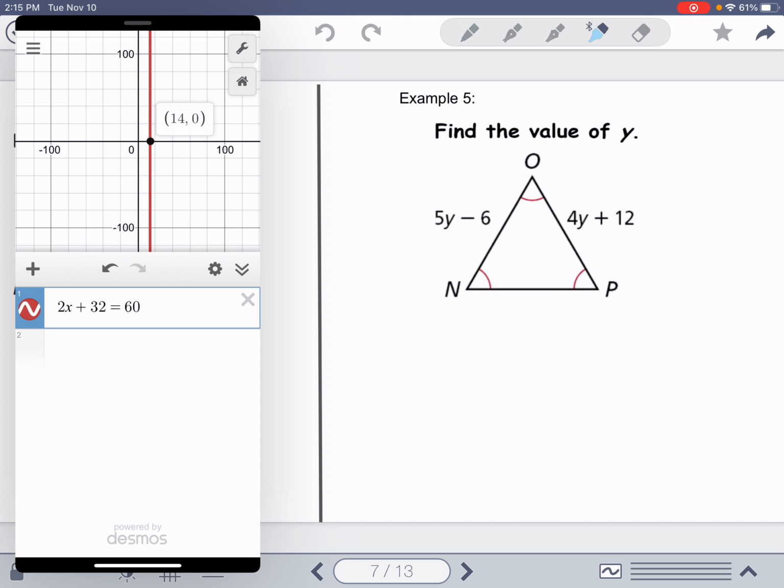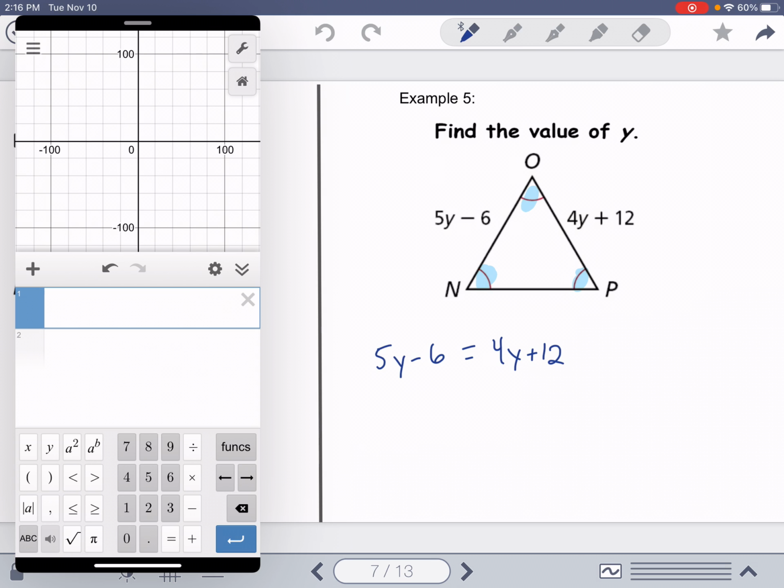Well, all 3 of these angles are marked, and if all 3 angles are marked, it's equiangular. If the triangle is equiangular, it's also equilateral. So that means all 3 of the sides are the same length. Since they are the same length, I set them equal to each other.